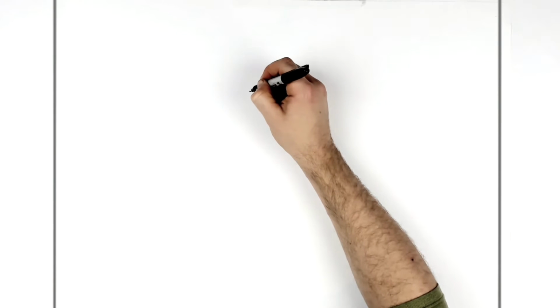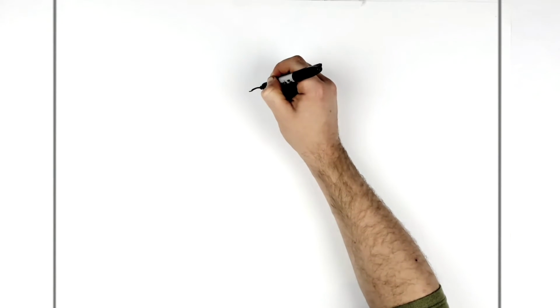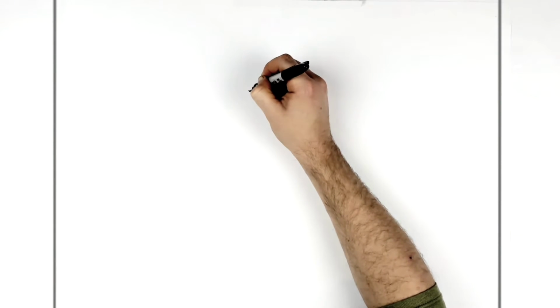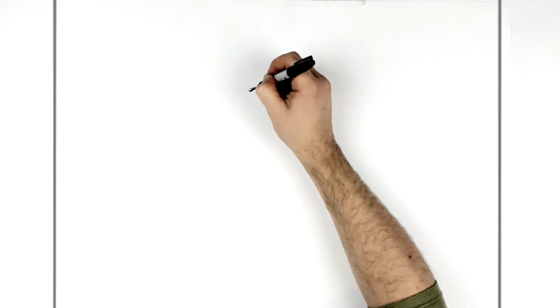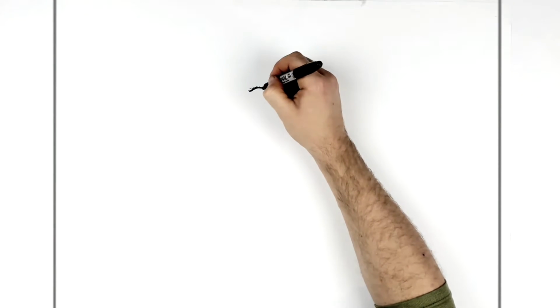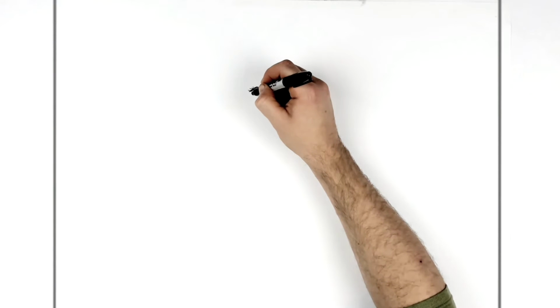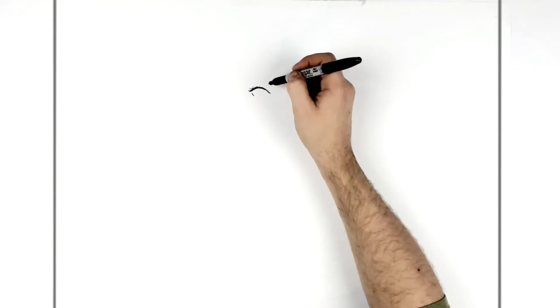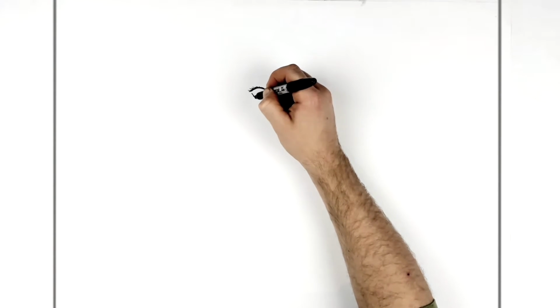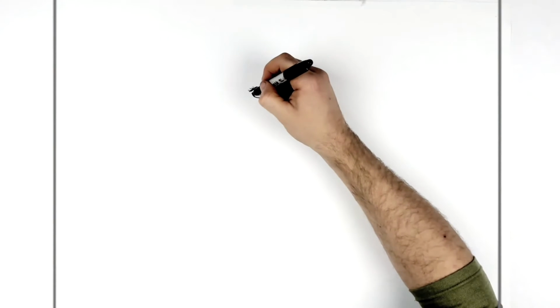And then you thicken it up. And add some eyelashes. Like that. Then our bottom eyelid again comes around. Same sort of way.